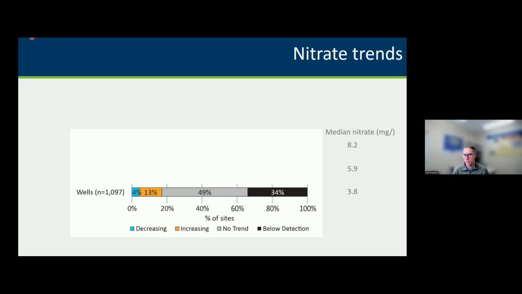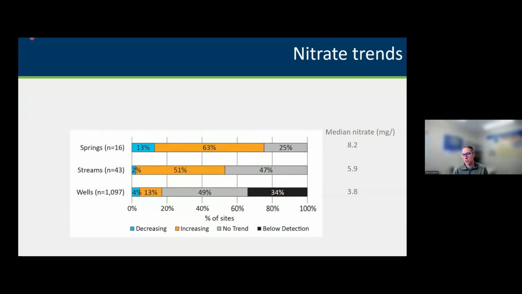We did find about 13% of the wells were trending upward, and 4% were decreasing. When we switch over to streams and springs, we see a much different story. The dominant trend in those sites and settings was an increasing trend. Over 50% of those sites were showing an increasing trend in nitrate.